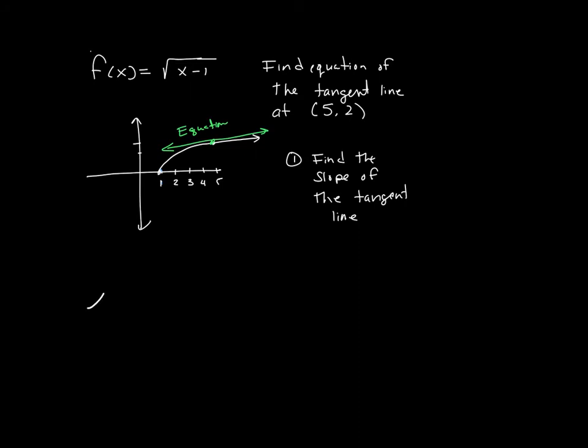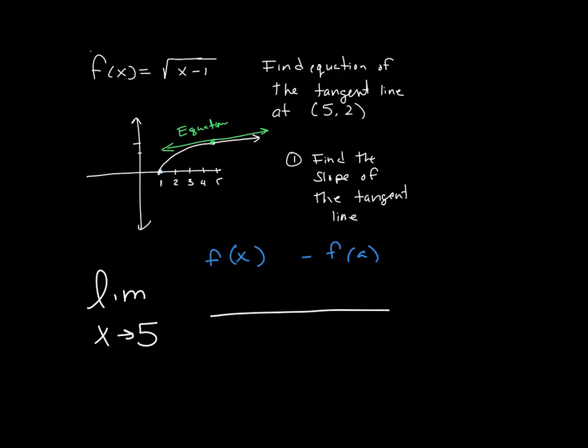What that means we're doing is we are finding the limit as x approaches 5 of f of x minus f of a, and I want to divide all of that by x minus a. So that leaves me with the square root of x minus 1 minus the square root of 5 minus 1 all over x minus 5.